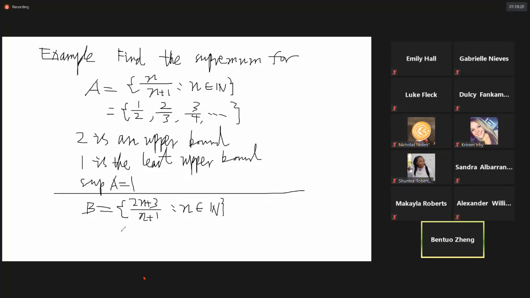I'll leave it as an exercise for you to work after class. You find the infimum of B. Well, a slightly harder problem is what is the supremum of B?